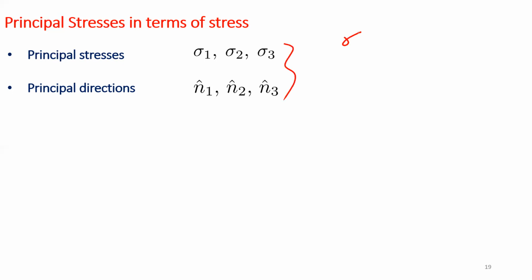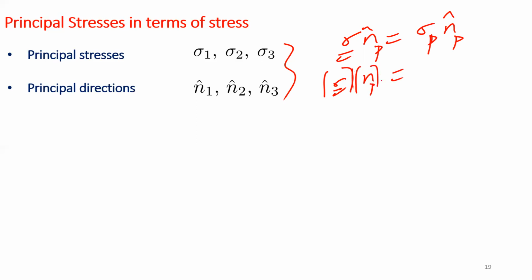Each of these sigmas and n must satisfy this, right? I'm going to call this sigma p, and np is a vector. Right. So, which means I can as well write this in terms of matrices. Whether it is n1 or n2 or n3, I can write it as my matrix. Sigma p is a scalar, times np.